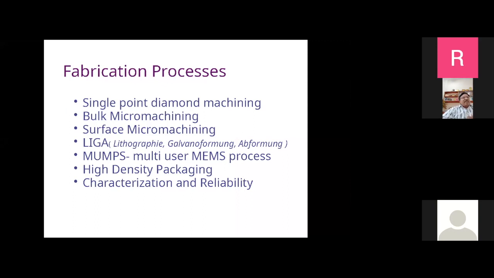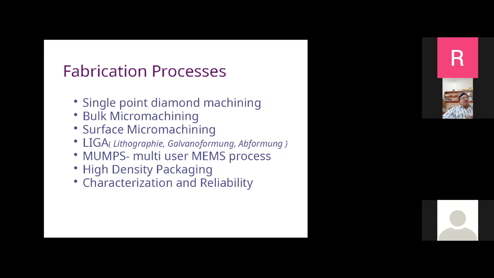So very briefly, I'll show you a few fabrication processes. How do you fabricate these devices? In MEMS, you think of silicon as the fundamental material. As you know, silicon has become the most popular material for all these applications. How do you make this is the question. In the olden days, people used to do single point diamond machining, like what jewelry people use.